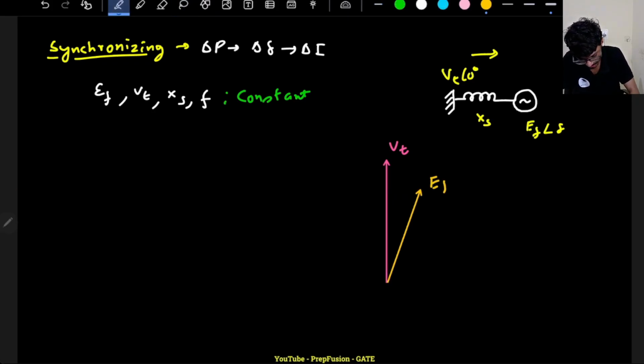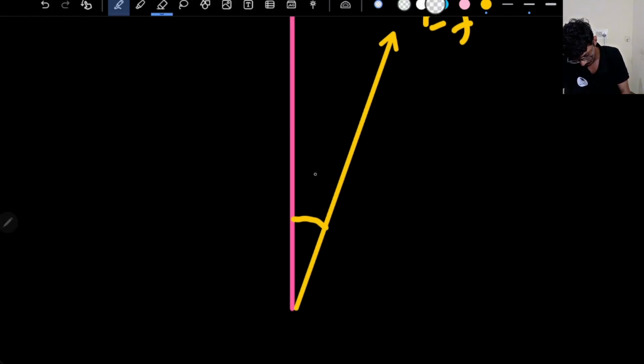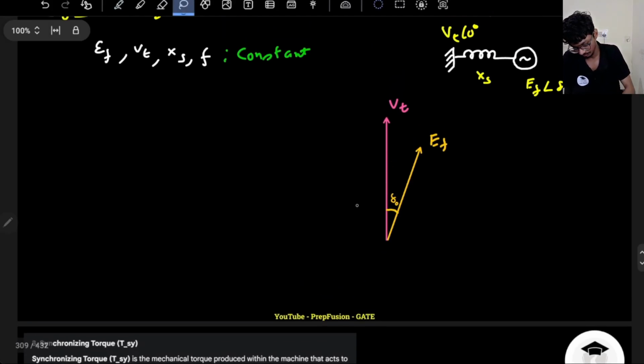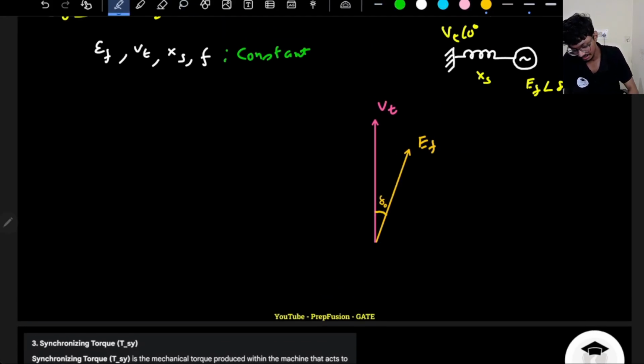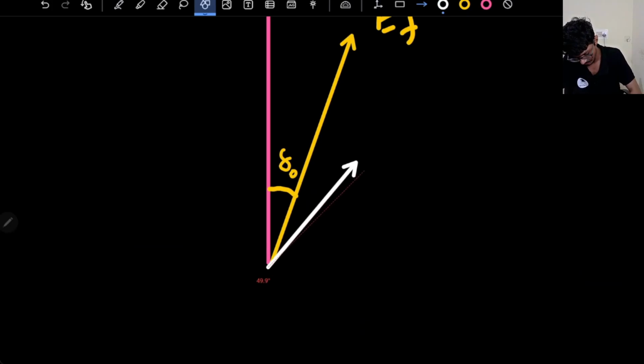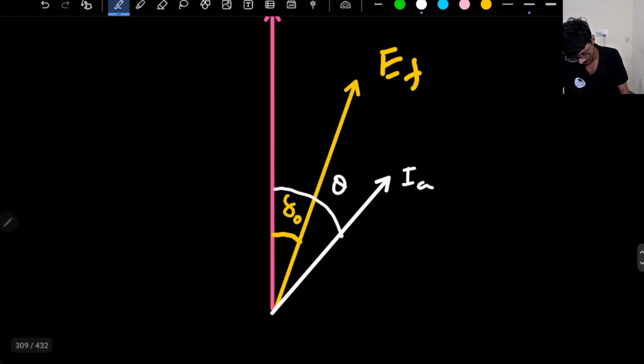And let's assume that initially they were operating at some angle delta naught. And initially what was the current due to that angle? Let's assume that current was also lagging. This was the current. Okay, let's assume that this is IA, this was theta, and this is psi.